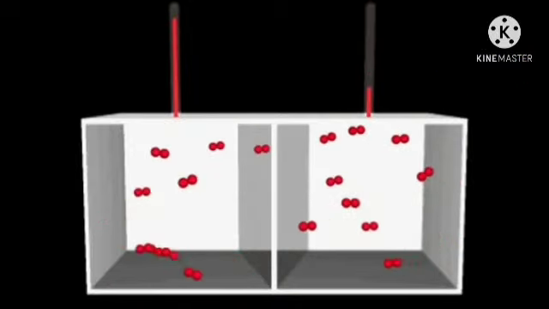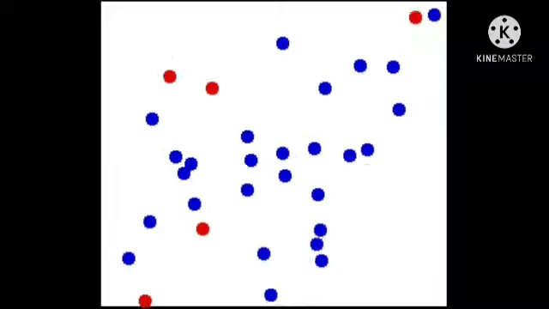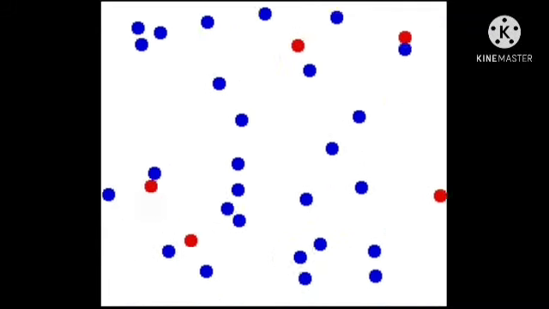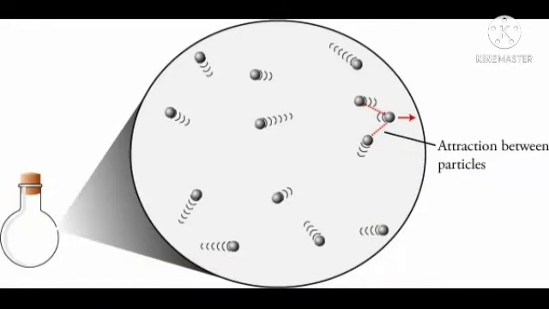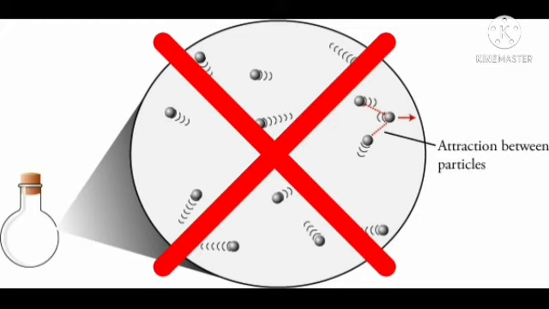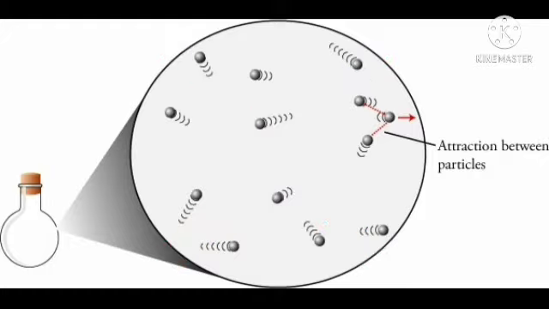So there are basic assumptions of kinetic molecular theory. The first one is that the volume occupied by the individual particles of a gas is negligible compared to the volume of the gas itself. The second is that the particles of an ideal gas exert no attractive forces on each other or on their surroundings.